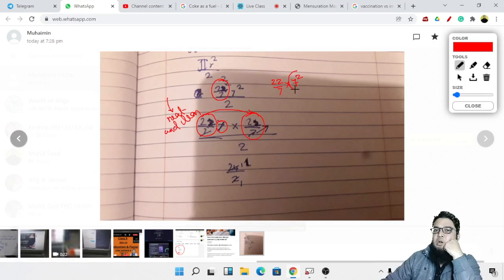Square you are having on 7. For example, AB square. B square means you have to square A also.